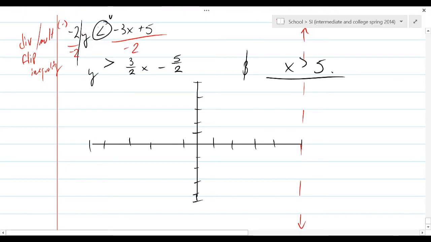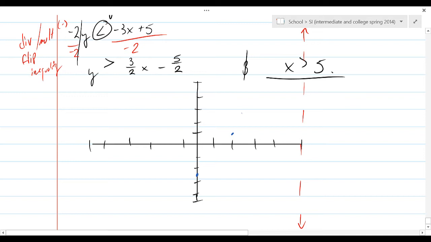Now let's graph this one. It is y-intercept of negative 5 over 2, which is about 2.5. It's exactly 2.5. And now let's rise 3. 1, 2, 3, and go over 2. 1, 2.